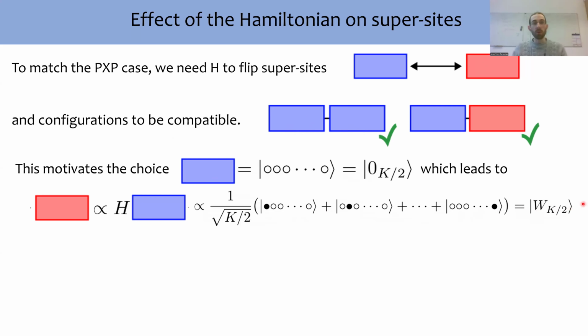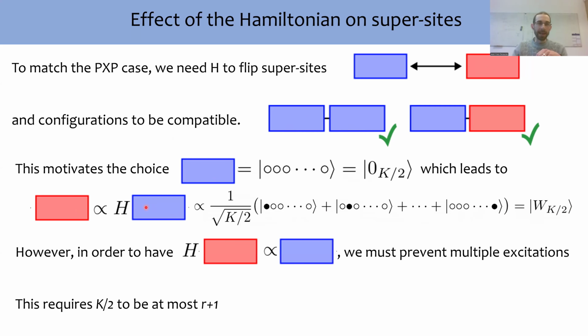So are we done? Well, no, we have done only half of the work because we still want to be able to go back from the supersite which is excited to the supersite which is non-excited. And in order to do that, we want the Hamiltonian to only remove these excitations.